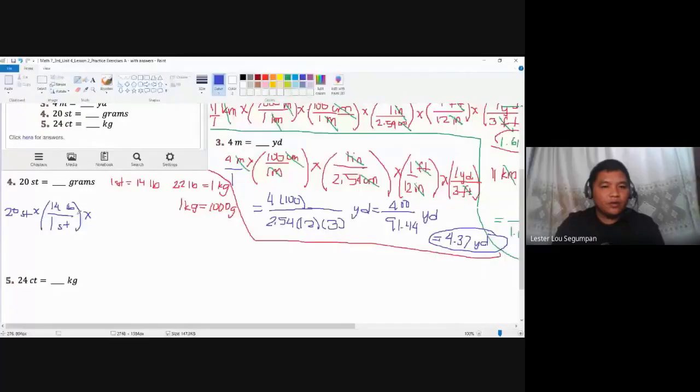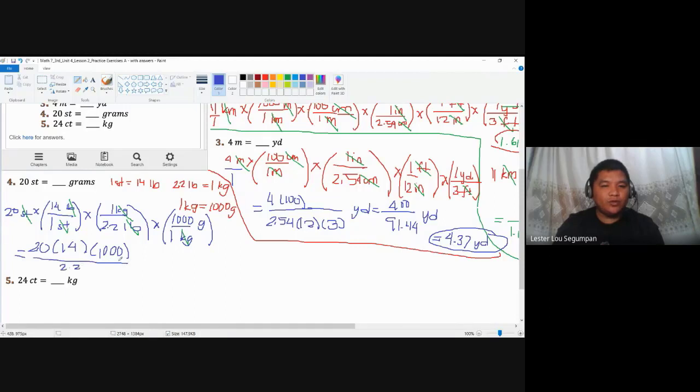So you have 20 stones times 14 pounds is 1 stone, times 1 kilogram is 2.2 pounds, and then times 1000 grams is 1 kilogram. Cancel all units: stones, pounds, kilograms. We have here 20 times 14 times 1000 all over 2.2, in grams.